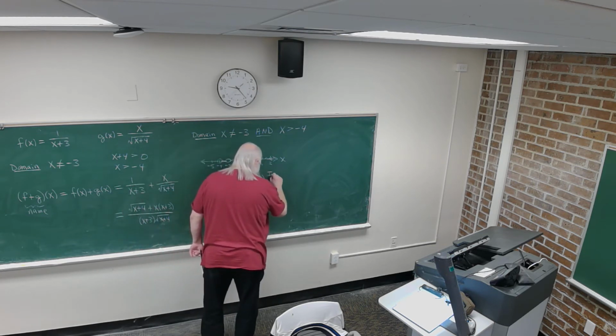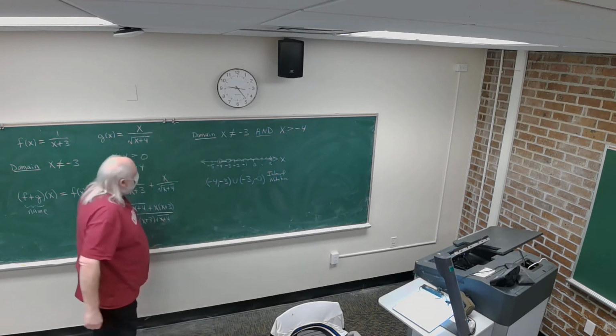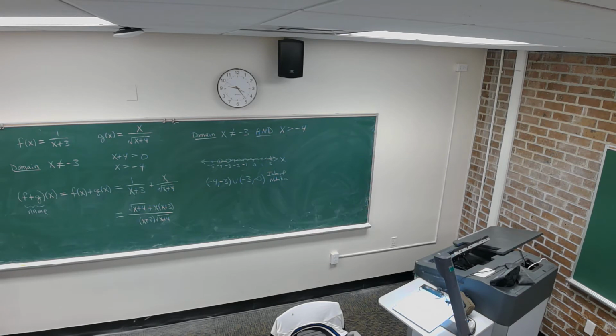That is the domain in interval notation for the function f plus g of x. Take the intersection of the domains of f of x and g of x to get the domain of f plus g of x.